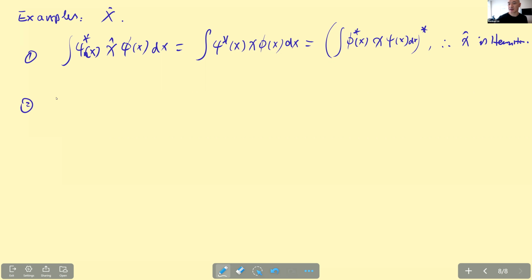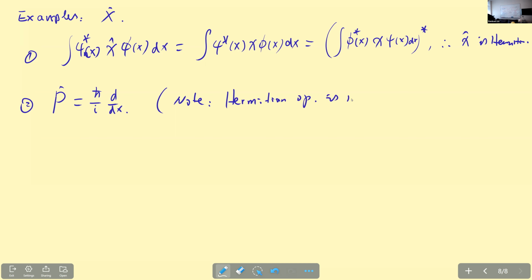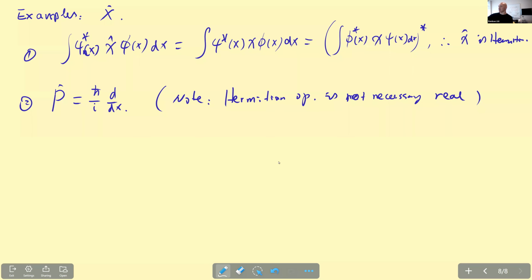And secondly, momentum. So this one can be written as h bar over i d over dx. Okay, so you can see that the emission operator is not necessarily real. Okay, so you can say this is not a real operator. This one actually is imaginary.